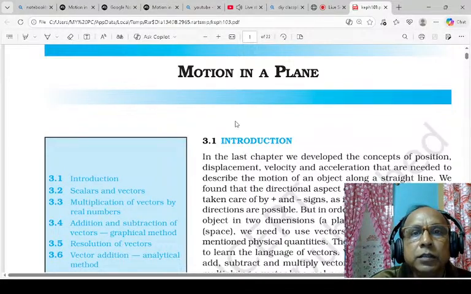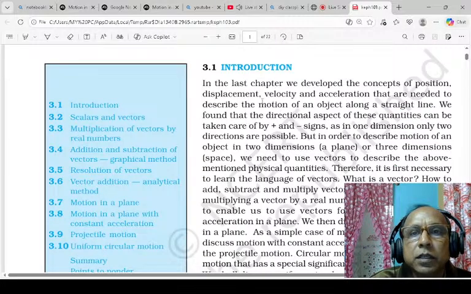Now see, motion in a plane. In the last chapter we developed the concepts of position, displacement, velocity and acceleration.